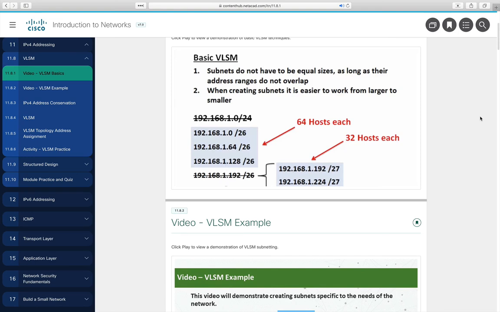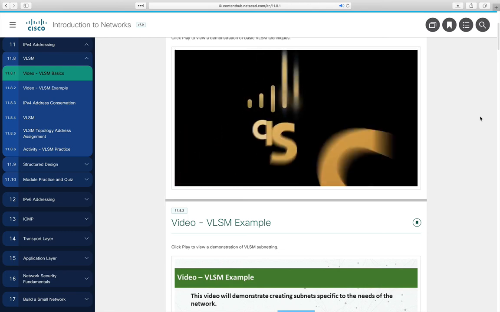This is variable length subnet masks. In this situation, it has also allowed me to create 5 subnets, thus escaping the equal-sized subnet limitation of creating subnets in powers of 2. This gives me greater flexibility and allows me to create subnets of different sizes based on the requirements of my network.